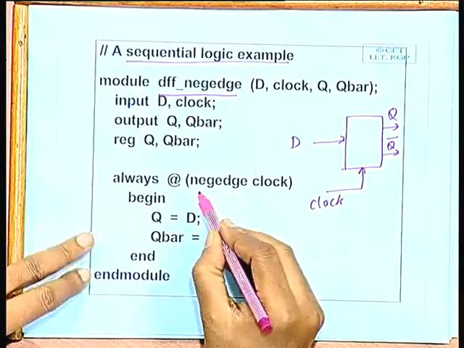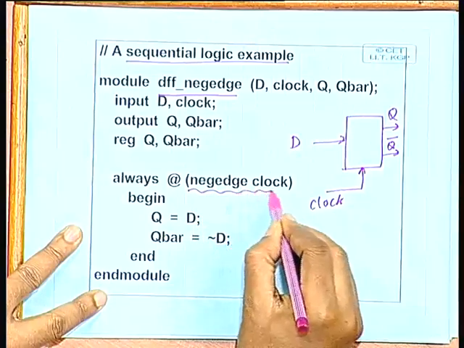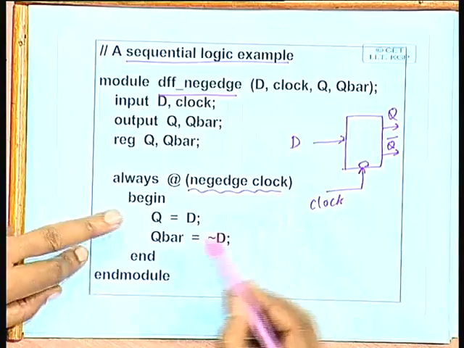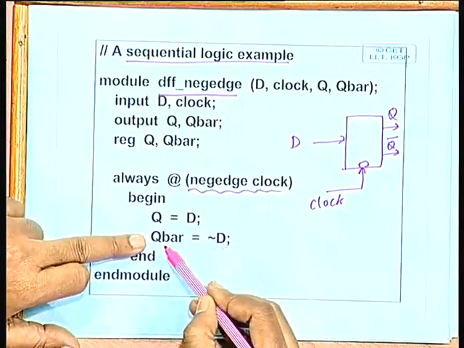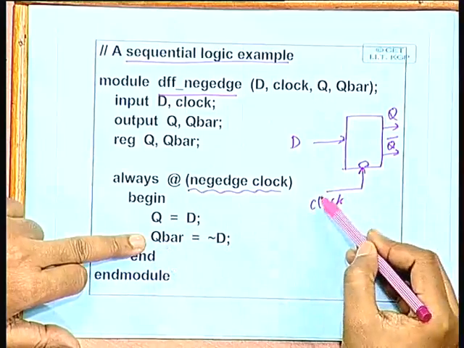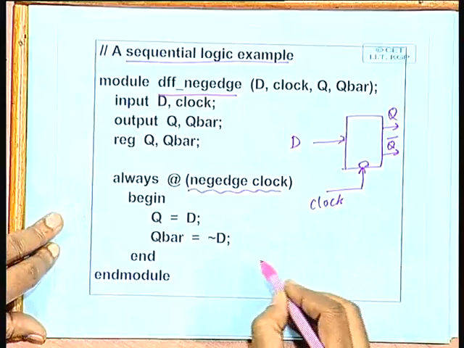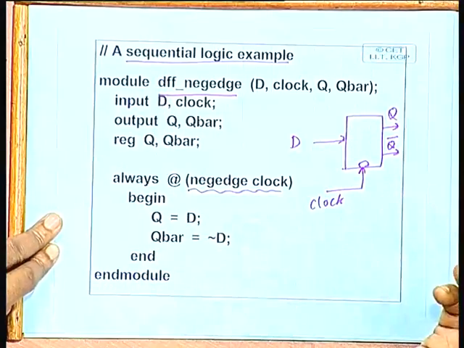Now in this case we are explicitly saying that always at the negative edge of the clock, so this will be negative edge triggered, you assign D to Q and D bar to Q bar. So, this is triggered by the clock. Implicitly this has to be a sequential logic because this is clock driven.